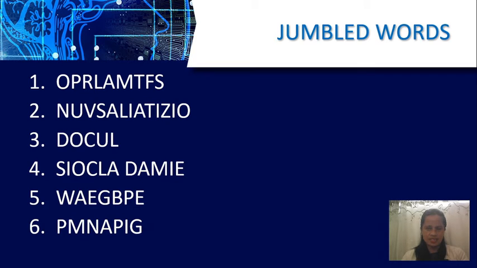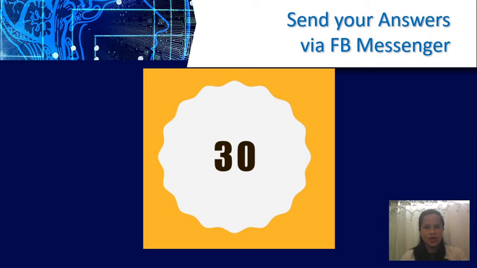And 6. So that's it. Those are just the words that you're going to reshuffle. Send your answers via FB Messenger. You have 30 seconds to send your answers to me. Okay, start.